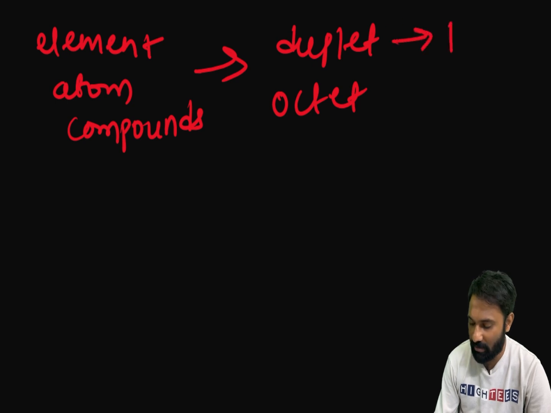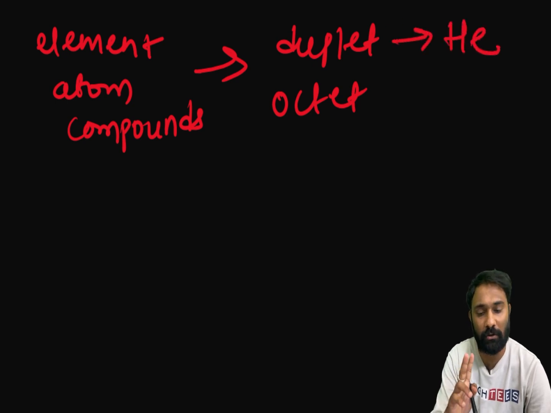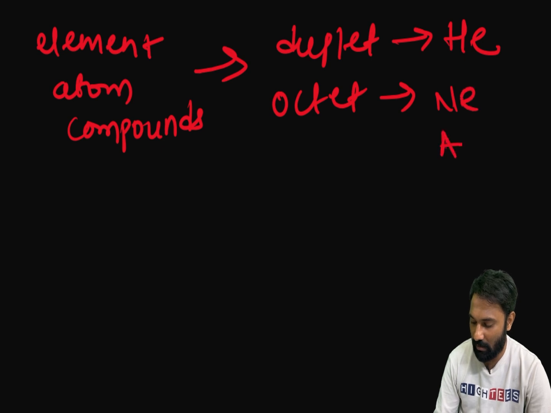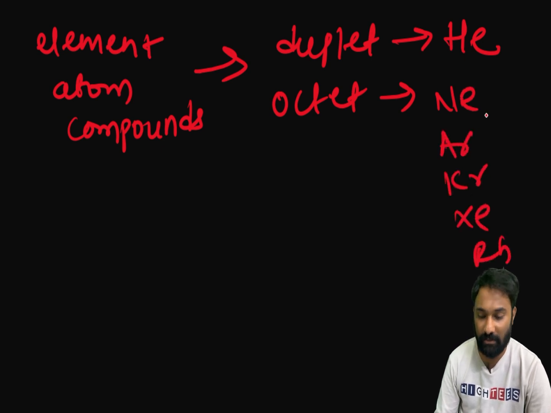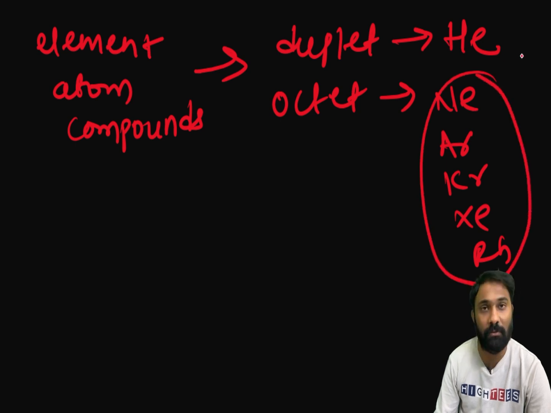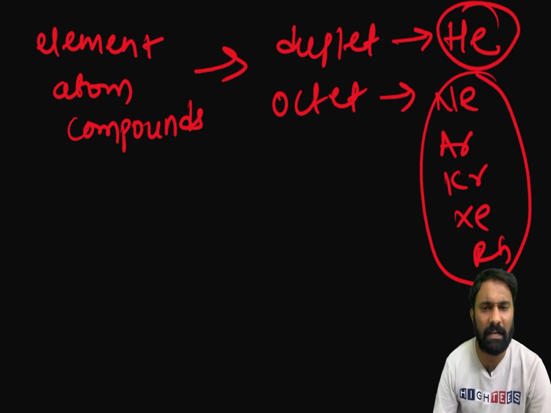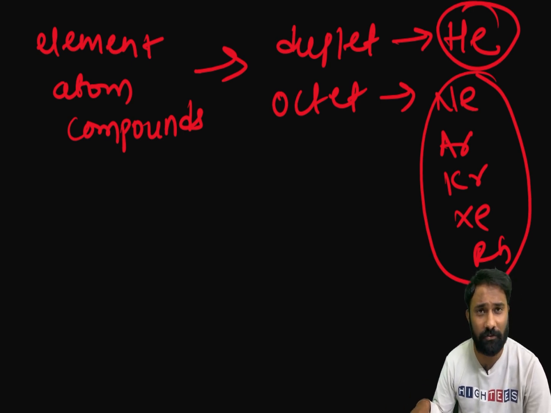Duplet electronic configuration is helium, only 2 electrons. Octet electronic configuration is neon, argon, krypton, xenon, radon. Clear? These are the octet because 8 electrons will be there in the outermost shell. Only 2 electrons in the outermost shell is a duplet. So every element, atom or compound tries to attain either the duplet or octet configuration, right?